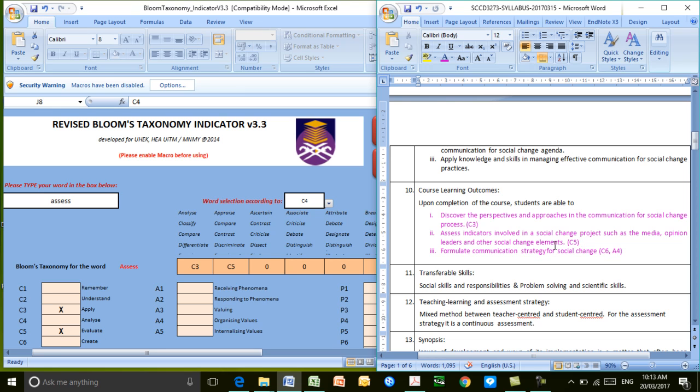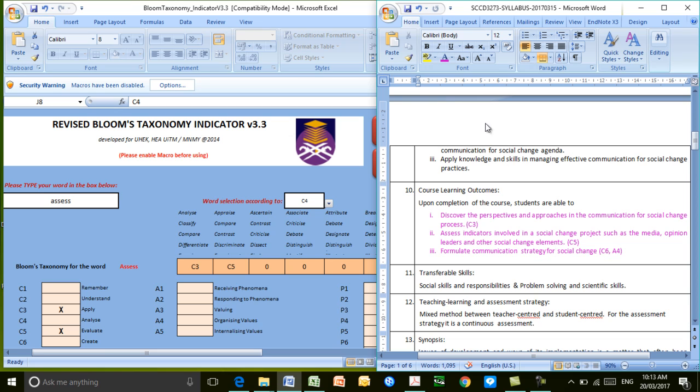So this is how we use the Bloom taxonomy indicator to help us develop our course learning outcome, as well as to validate whether our course learning outcome is actually aligned with what we intend to provide in this course, right?